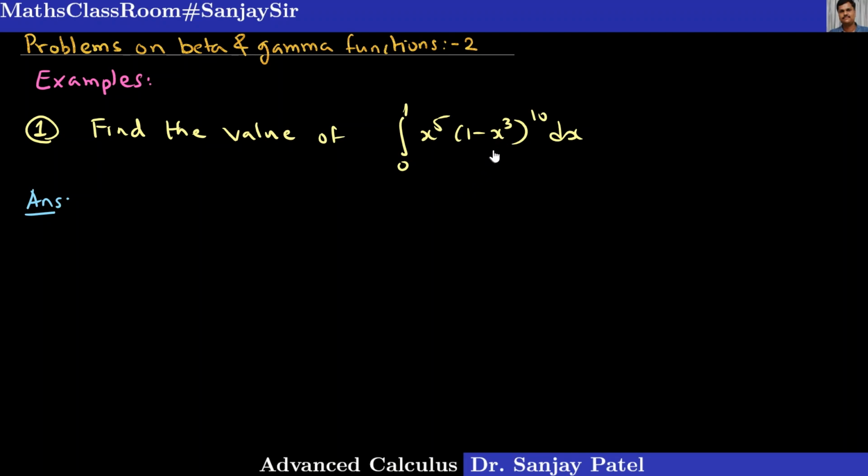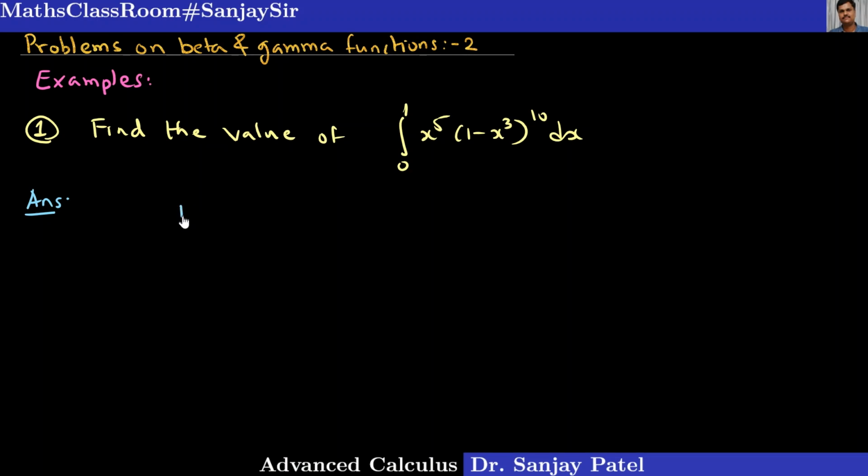If I take x cube is equal to something, then derivative of x cube is 3x square, and that x square I can get from this x raised to 5, and the remaining x cube I can keep as that variable or that substitution. So that gives me some idea of what to take as a substitution.